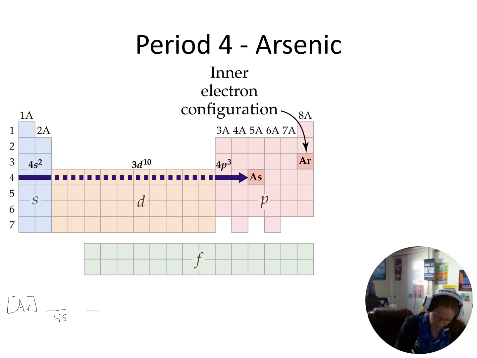And we have 1, 2, 3, 4, 5, 3d. 1, 2, 3, 4p. Okay, and so we're going to fill all these. And then, all right, so we'll get our argon. I'll write it over here.